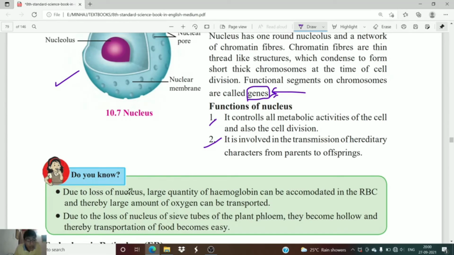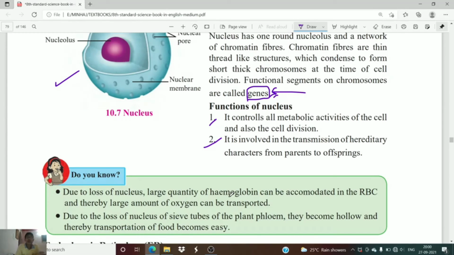Now do you know what will happen if the nucleus is lost from the cell? A large quantity of hemoglobin can be accommodated in the RBC, and due to that a very large amount of oxygen can be transported to the cell. Okay, if that happens, definitely the amount of energy produced by the cell will be more.